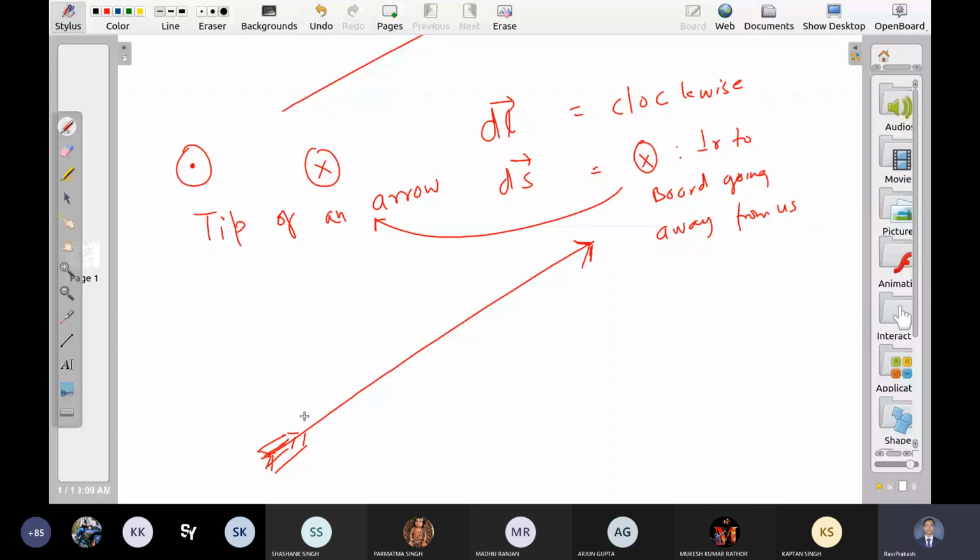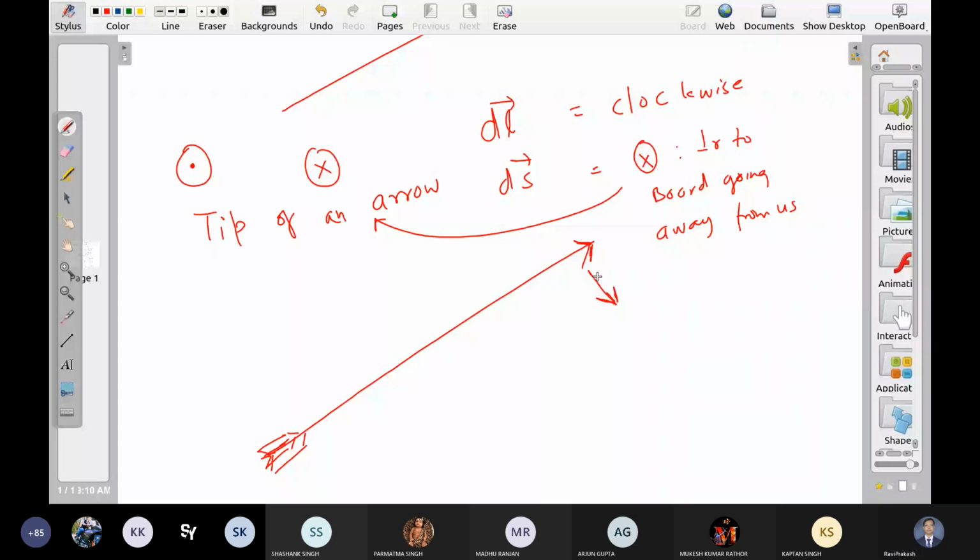So if this arrow is coming towards you, what will you see? This head. When the arrow is coming straight towards you, what will you see? Just a dot, the precise head of this arrow.